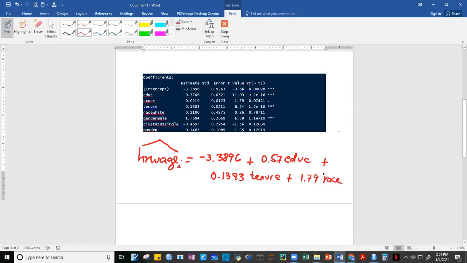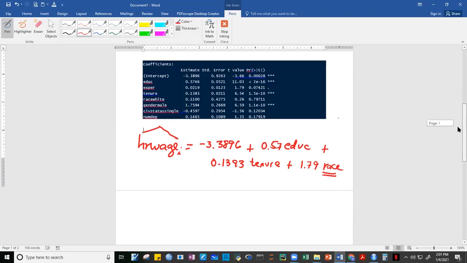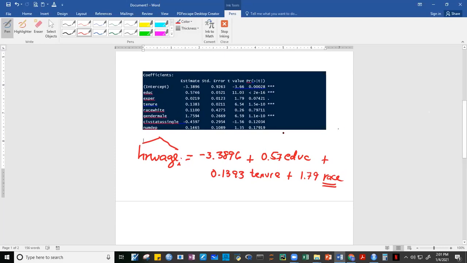Times raise, guys, kasi ito talaga yung variable natin. Pero just remember that yung non-white diyan yung reference.